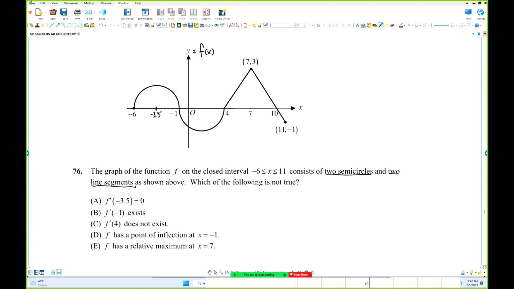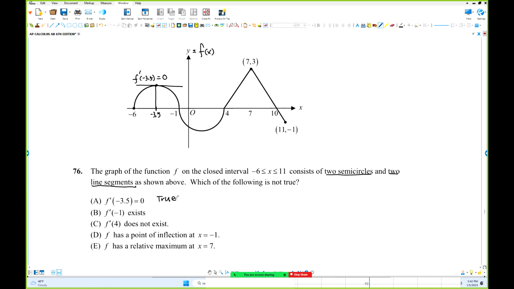So at this point, the slope of the tangent line in the middle of here, that is f prime at x equals negative 3.5, the slope is 0. That's true, right? Yeah, the slope of the tangent.